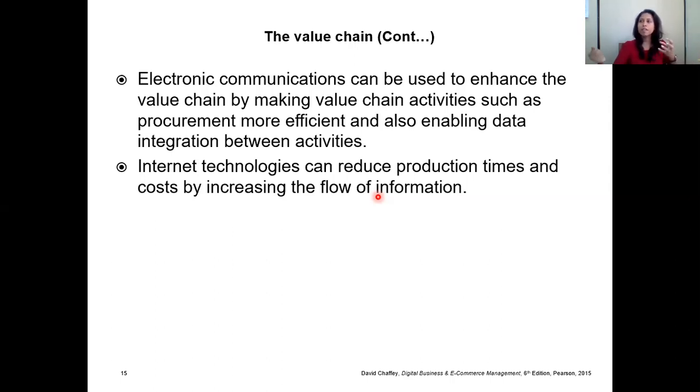If the information from the wholesalers or the retailers' end comes to our organization on time, as in this is the market requirement, we need this many units of this particular product, right?